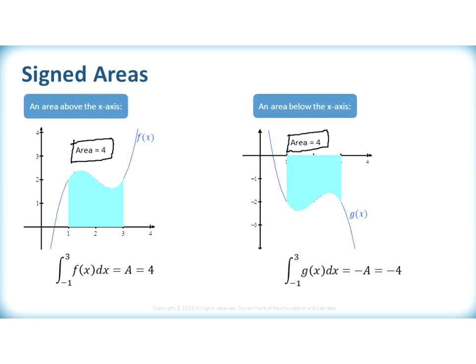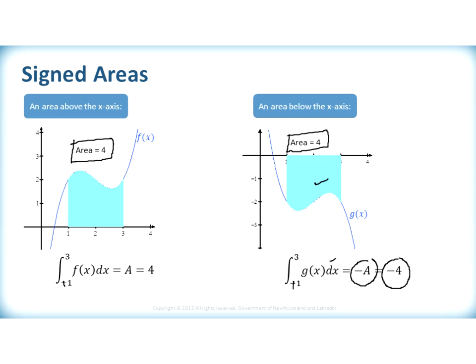They're exactly the same. But their definite integrals on the interval from, and this should say positive 1 up to 3 for both of them, not negative, excuse me, are not the same. Because when the definite integral is to find an area that's below the x-axis, we do what we call signing the area. So this is a signed area, and we say that the integral from 1 up to 3 of g of x here would be negative A. So that definite integral has a value of negative 4.